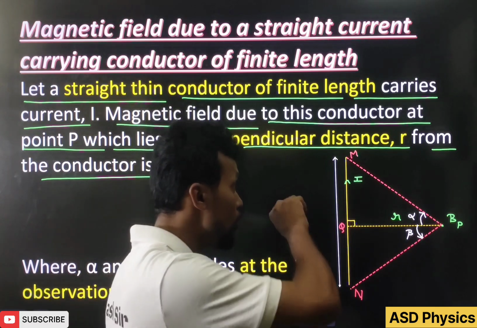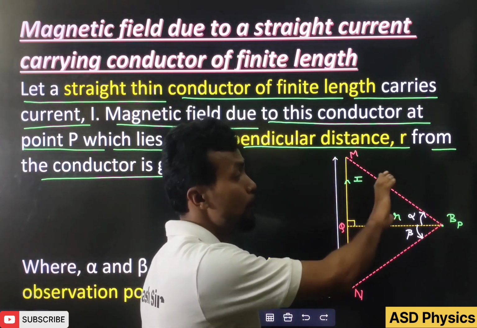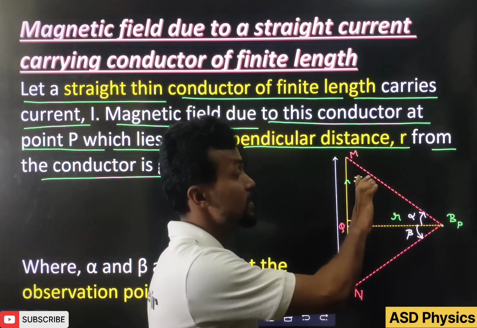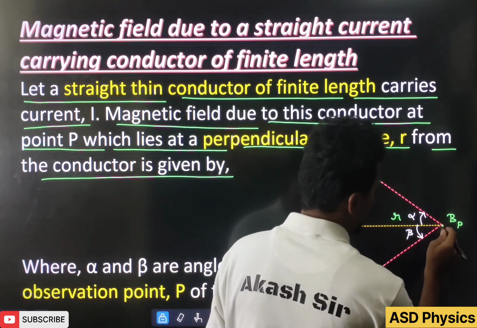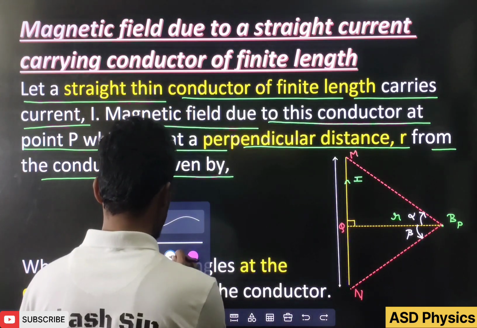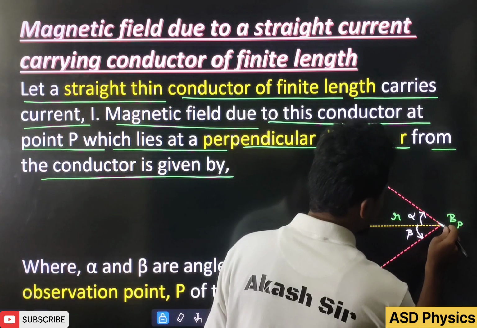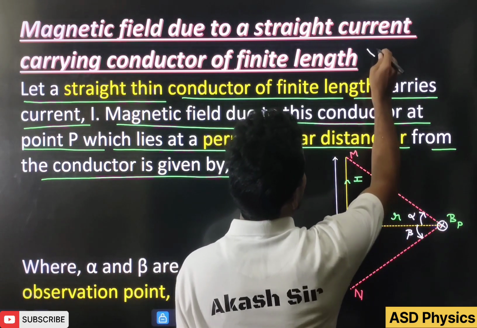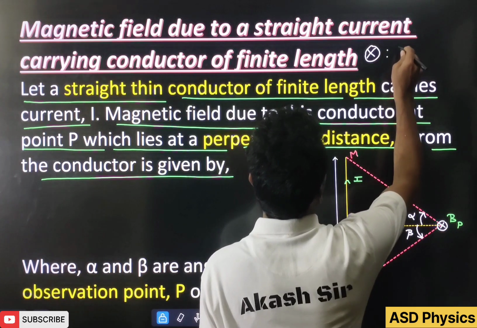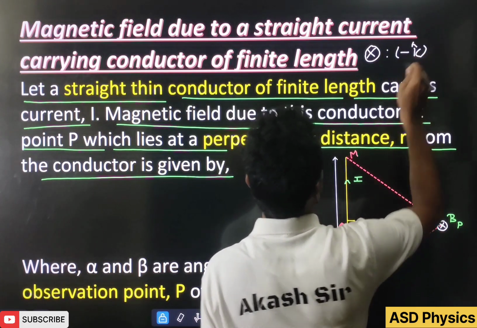Remember that when the current is flowing in upward direction, the right hand palm rule we have to use. All the fingers along the current, palm towards the observation point P, then the thumb is going in which direction? Inside. That means the magnetic field at point P will be inside of the board. And whenever inside of the board, this will always represent minus K cap.